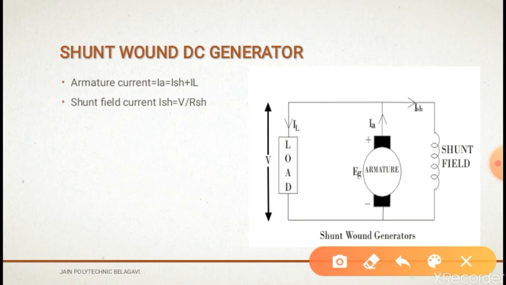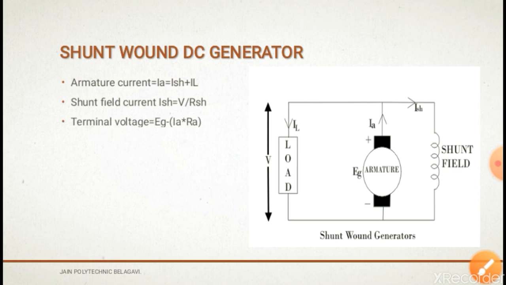This Ish, the current through this shunt field, is given as V divided by Rsh. Here V is nothing but the terminal voltage and Rsh is nothing but the shunt field resistance. So the terminal voltage across this load is given as Eg minus Ia into Ra.